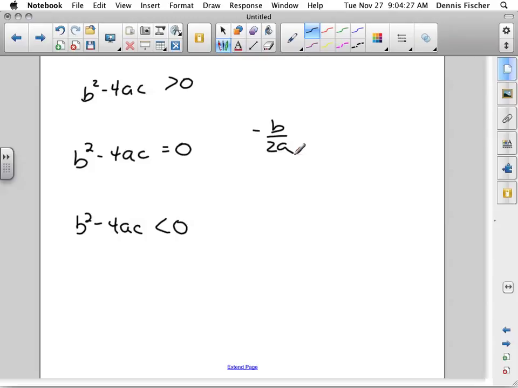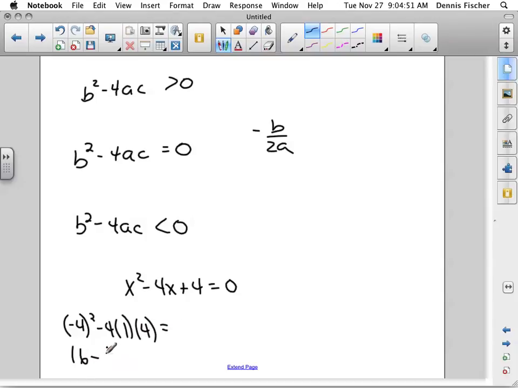So for example, if I did this problem, and I did the discriminant, b squared, what's b? Negative 4 squared minus 4 times 1 times 4, right? Which is equal to 16 minus 16, which is 0, right?